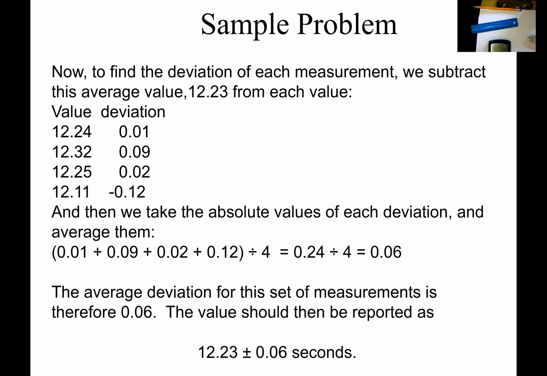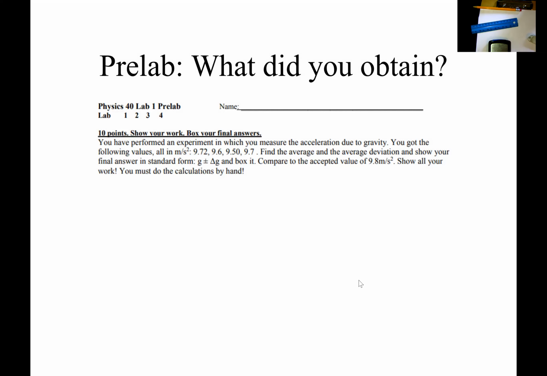I care about precision. So whatever decimal your uncertainty lands in after you round to 1 digit, that's what you round your final value to. So you had to do this little problem. Let's pause for a moment and share what you all got for your result.